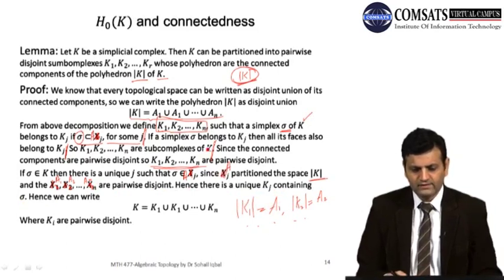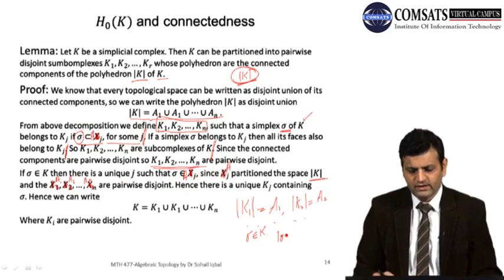If we have a simplex belonging to K, then its underlying space will belong to one of these Ai's, and if let's say it belongs to Aj, then this implies sigma belongs to Kj, and this is a unique Kj.